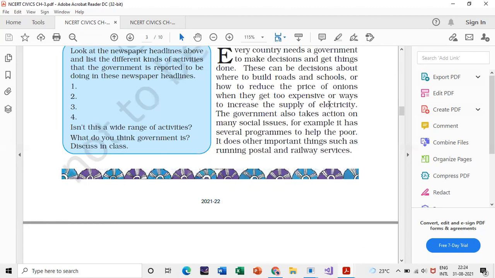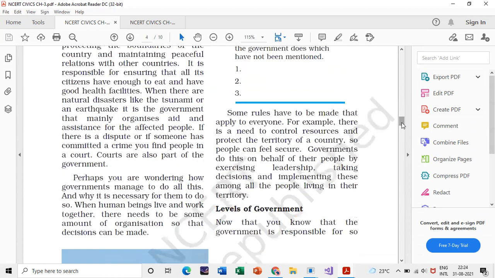Okay, and this is for the following reasons, or you can write it pointwise as I am already telling you. Here you can make one to protect the boundaries, to maintain the food security, to maintain the internal peace. All these things you will get in this paragraph.